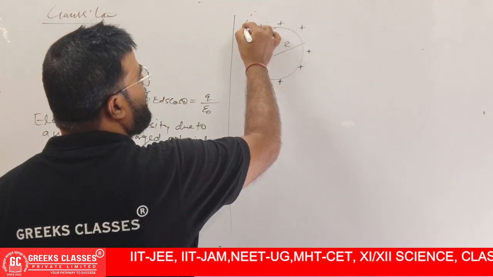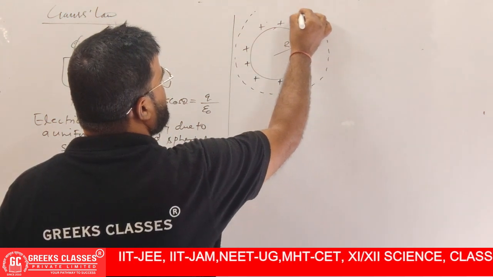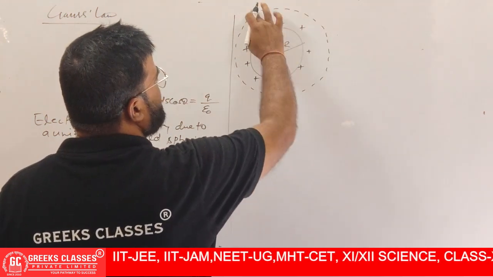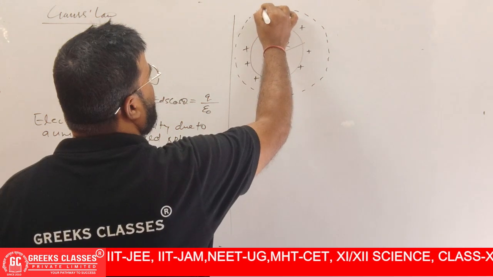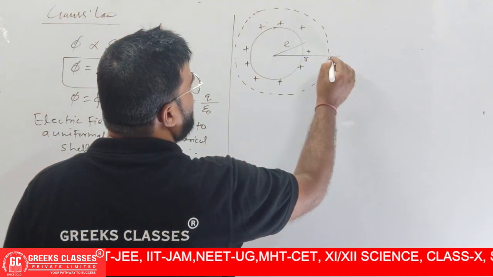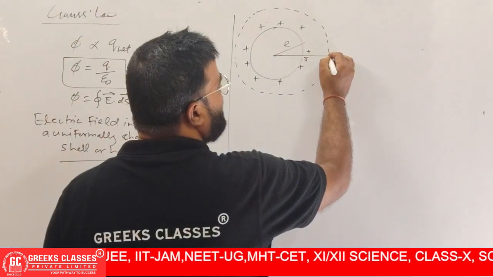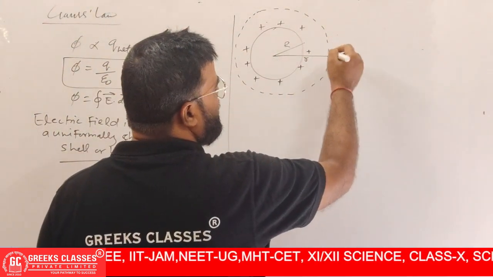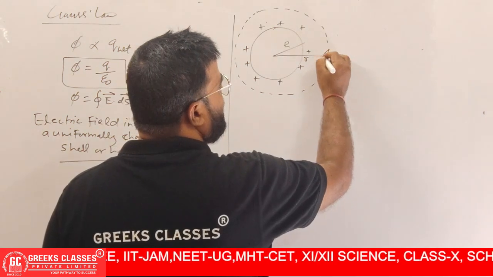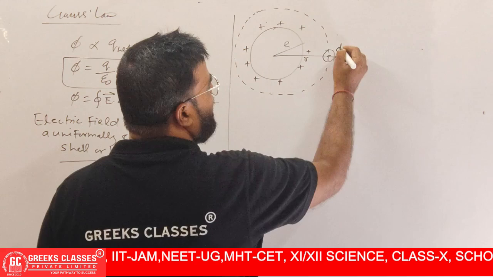Now consider a Gaussian surface here. This is the Gaussian surface, which is a sphere again, and the radius of this is small r. Now we will take a point P on this Gaussian surface and consider a small area ds in it.